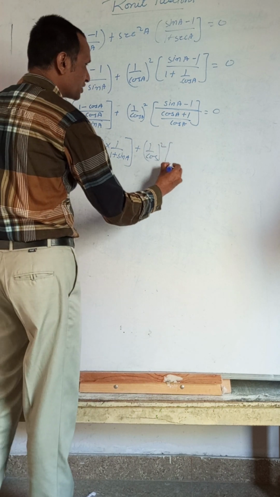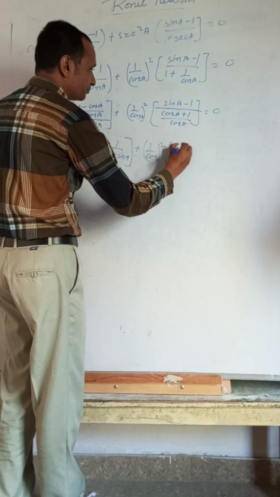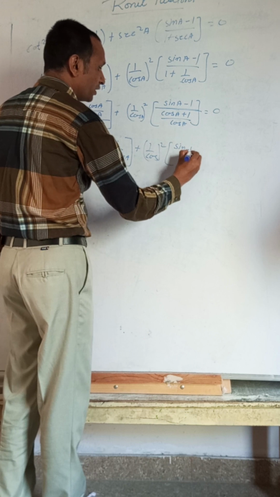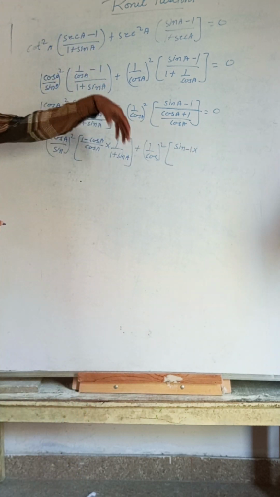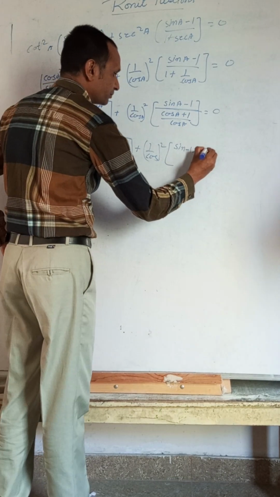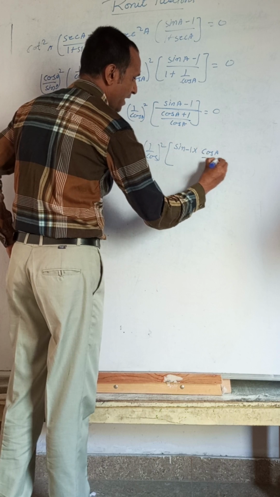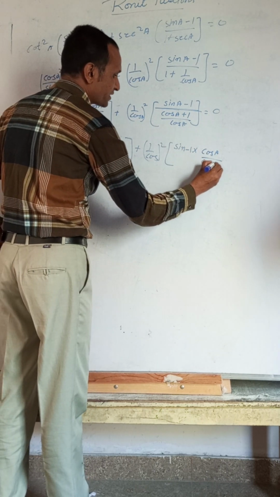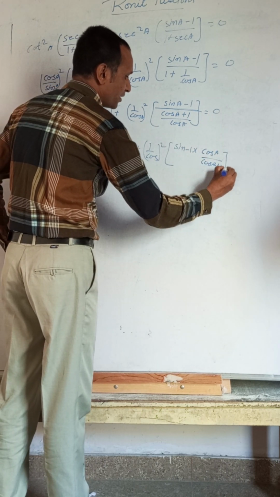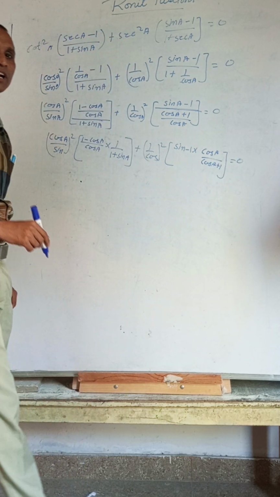This can be written this way: sin A minus 1 into this written upside down, so cos A by this number cos A plus 1, is equal to what? 0. Is equal to what given?